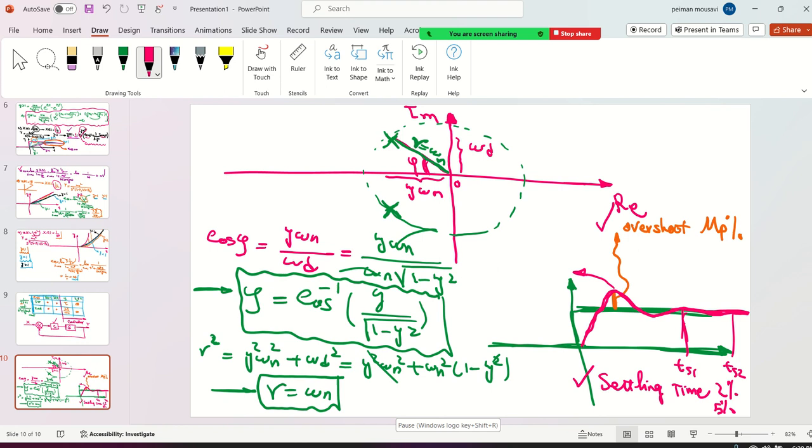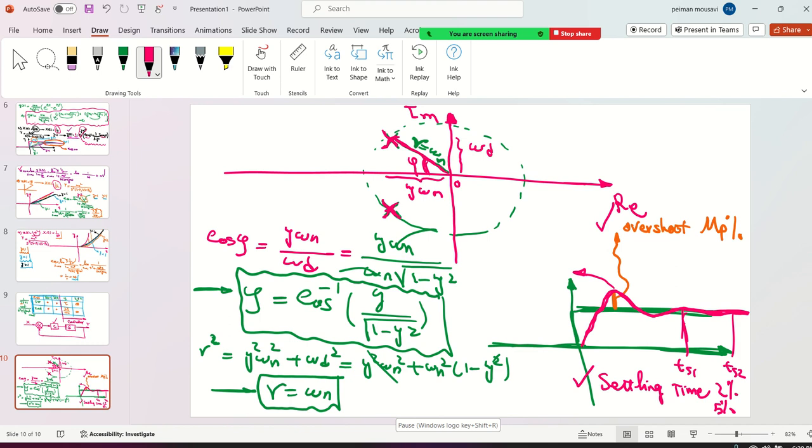Because it's gonna give us a sense of where we have to locate these complex conjugate poles by controller. Okay? Settling time. So I'm gonna stop it here. Next class I'm gonna first make the Simulink file of the second order system, and then we're gonna continue from here by calculating the overshoot, how to design the complex conjugate poles based on the overshoot and settling time of the system.